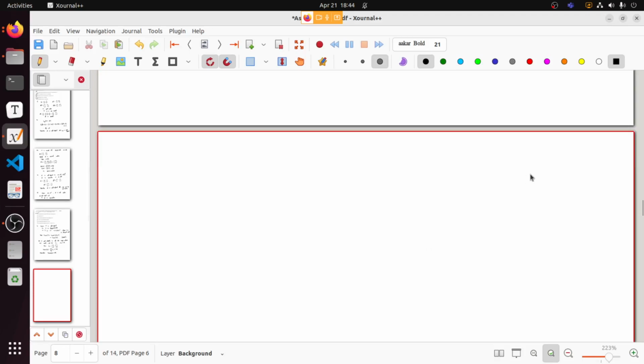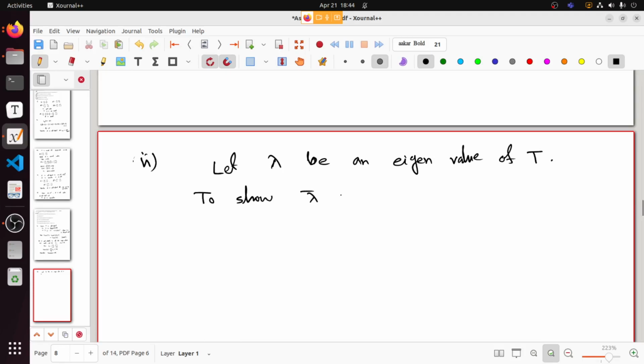So option number 2. Let lambda be an eigenvalue of T, and we have to show lambda bar is an eigenvalue of T star.